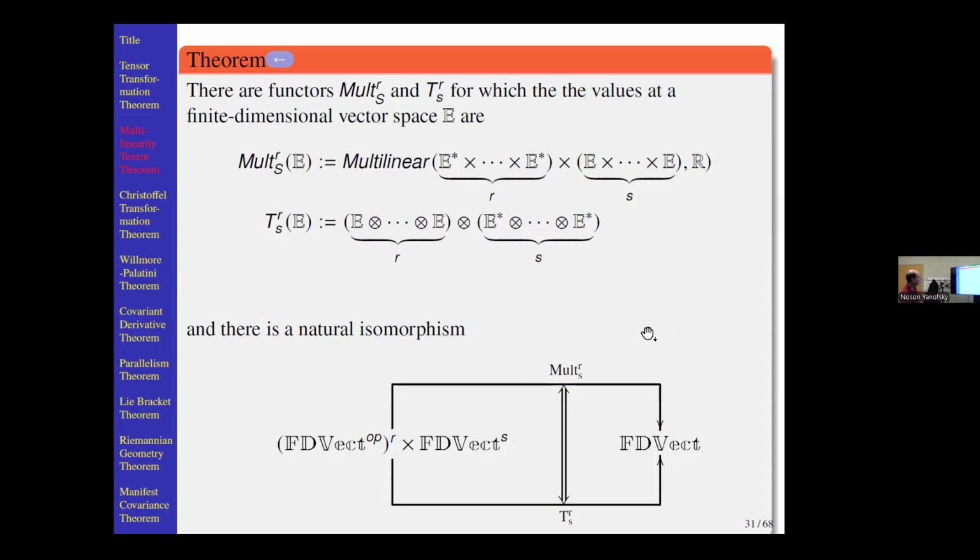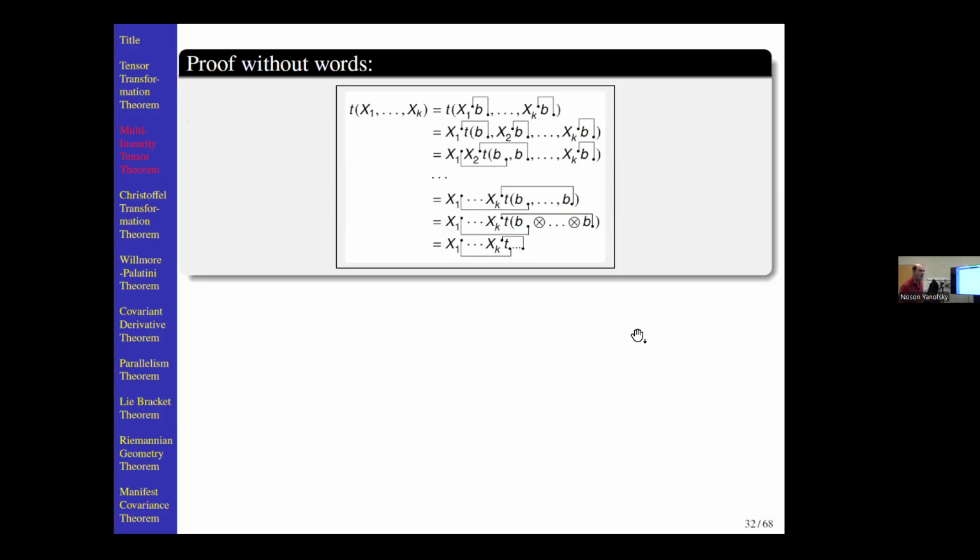So that's that. And here's a proof that I wrote for just amusement, because that calculation is straightforward, just shifting things from right to left, basically, and that's what these strings are doing. So at the top, you have a tensor evaluated on k tangent vectors, x1 to xk, and each of those has an expansion in terms of the base point.